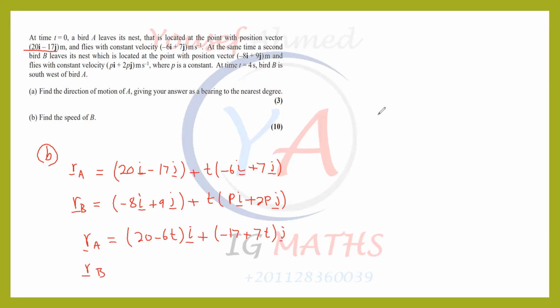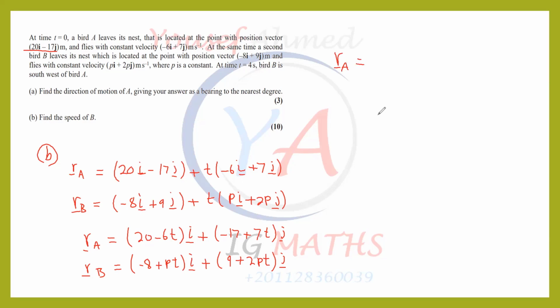Our position vector of B is negative 8 plus pt in the i direction added to 9 plus 2pt in the j direction. So now it's mentioned after 4 seconds. So let's see the position vector of A after 4 seconds.